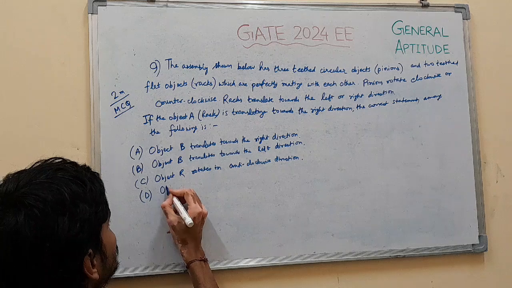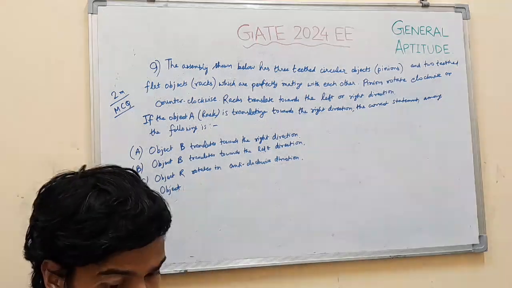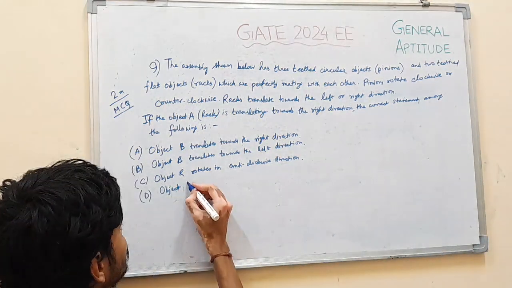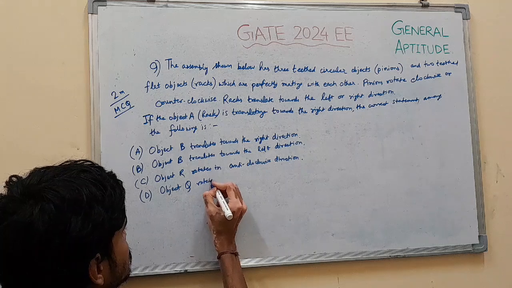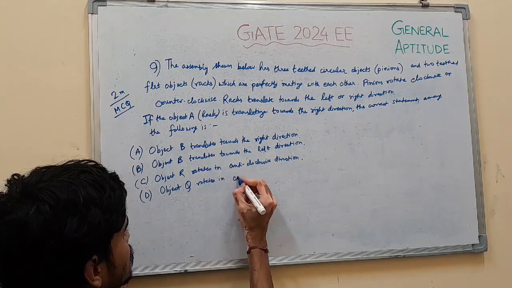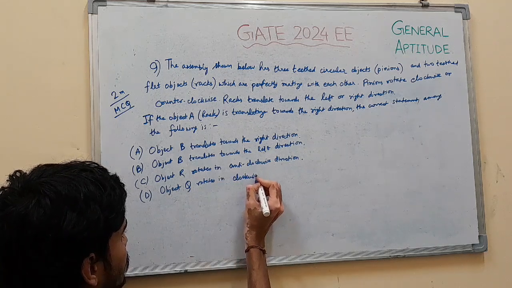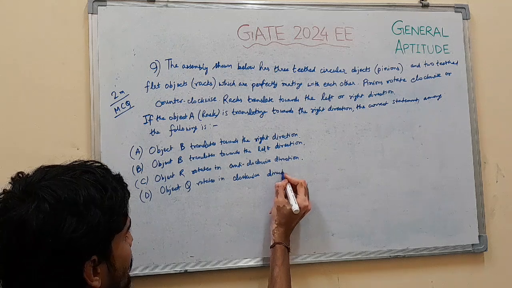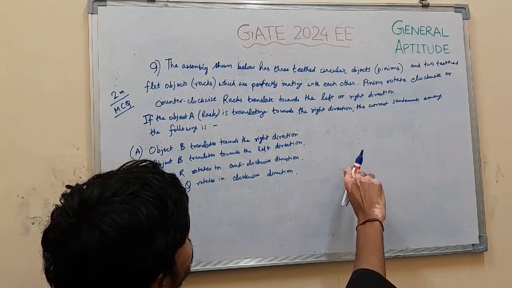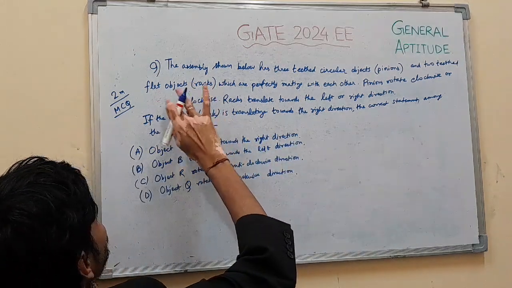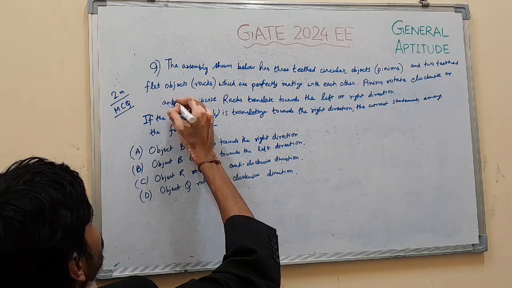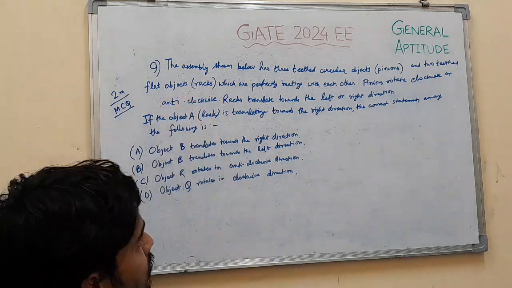And option D, object Q rotates in clockwise direction. Everything is given anti-clockwise, anyway, it's the same, but still. Okay. So basically, this is the question.